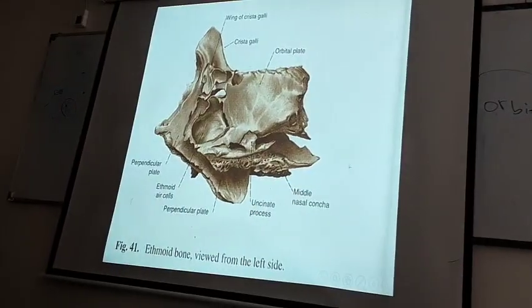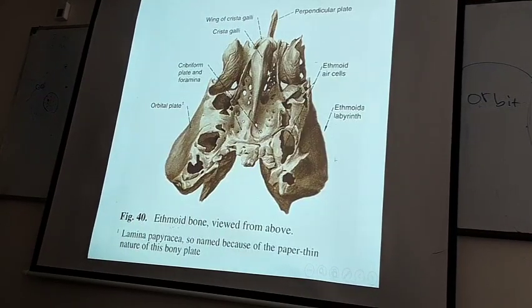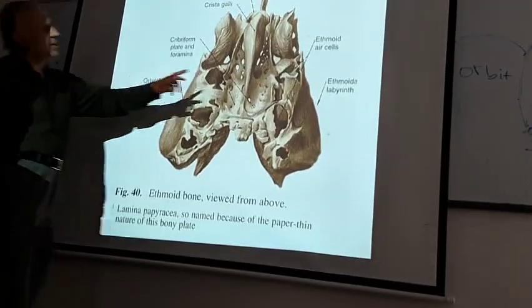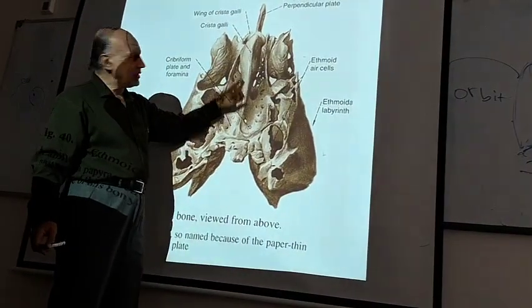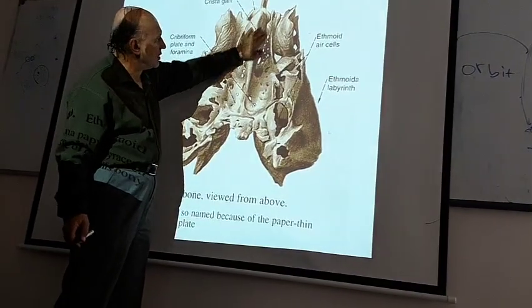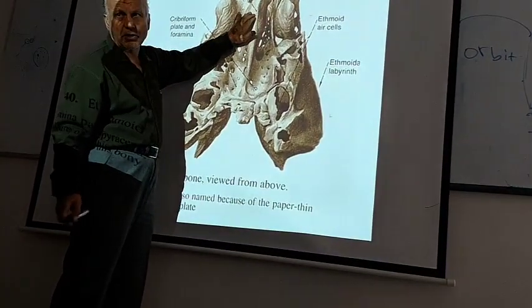Here is the crista galli, but in the inferior part is the wing of crista galli. You can see here from the superior view it is crista galli, but it has two wings, one wing and another wing.